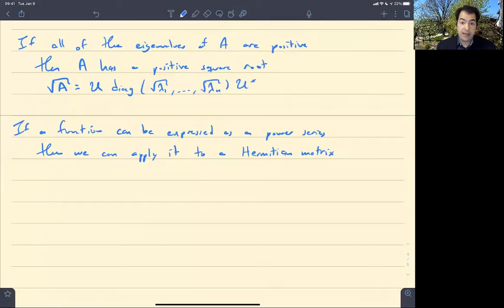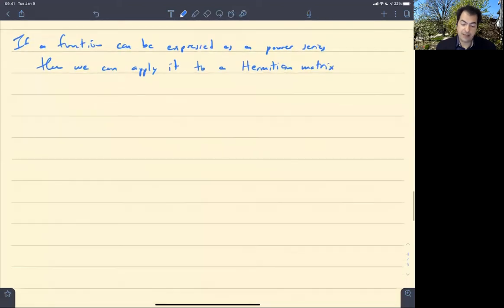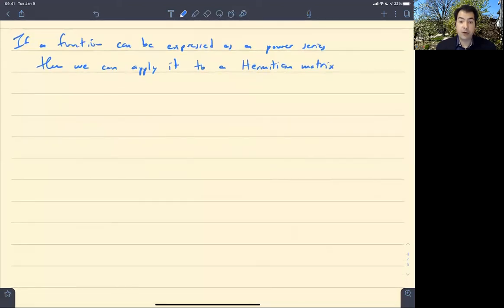I'm not saying it'll automatically converge, but you can apply it, and if it converges, then you've figured out how to apply that function to your matrix. So here's an example where convergence isn't a problem.